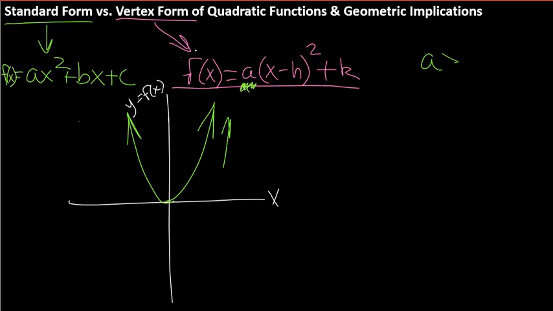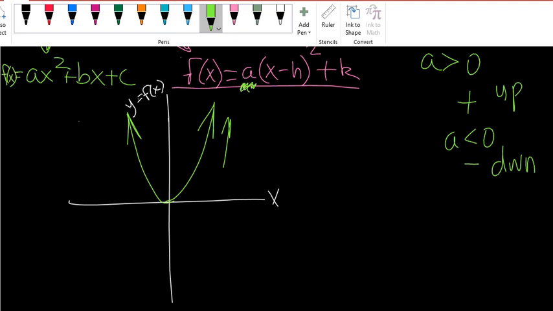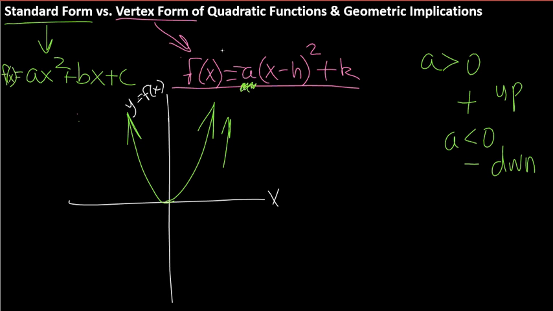If a is greater than 0, meaning it's positive, that means it's going to open upwards. Okay? If a is less than 0, meaning it's negative, that means it's going to open downwards. Okay, so for example, if it was negative a, it would open down like so. Okay?